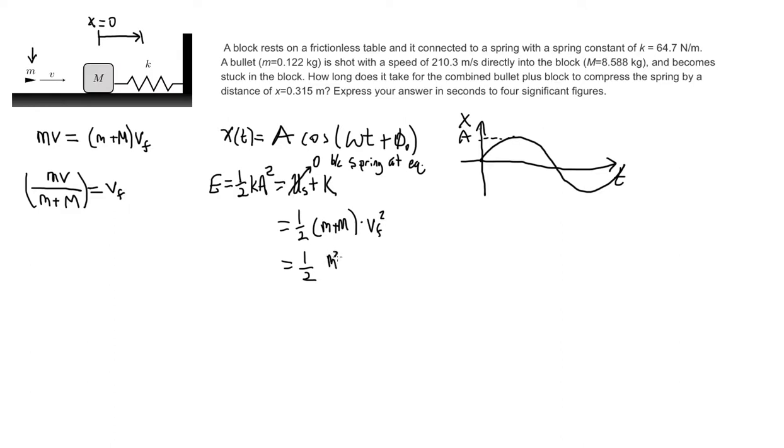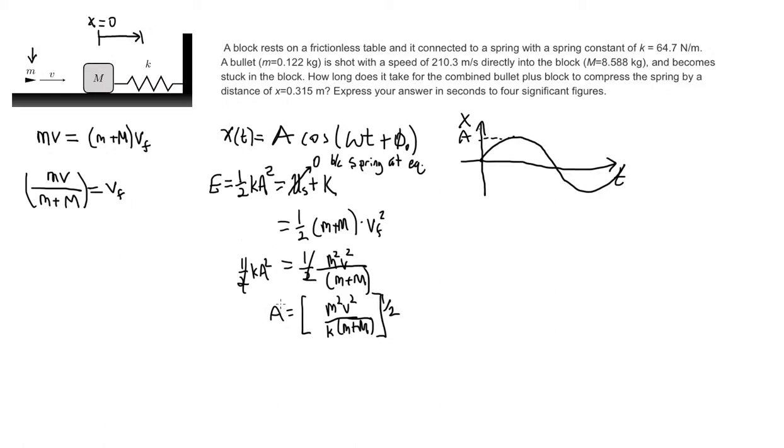So it's 1/2 m squared v squared, where little m is the bullet mass, over m plus big M. Okay, so that gives me that in terms of 1/2 k A squared. And I can go ahead and solve for what A is. So A must be m squared v squared over k times the sum of the masses, all raised to the 1/2 power.